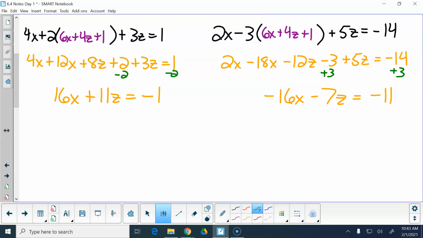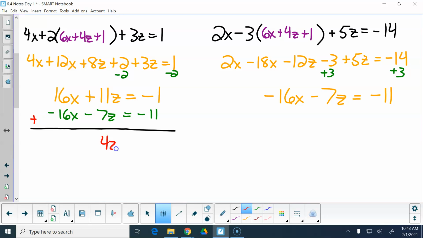Excuse me, elimination is in play, because if I rewrite that one over here, negative 16x minus 7z equals negative 11, and I add them together, x's go away, 4z equals negative 12, so z equals negative 3.